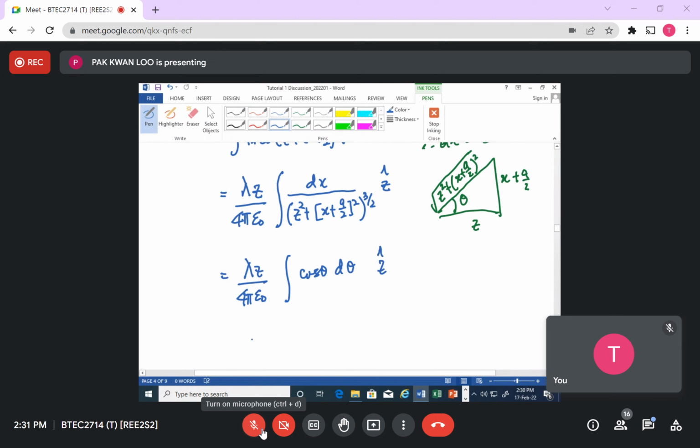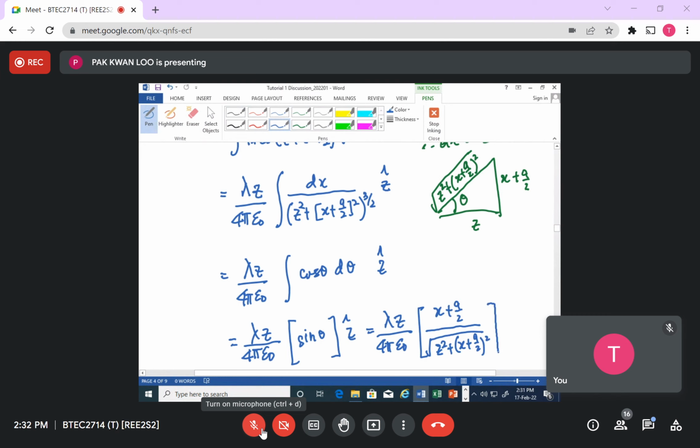So now it's lambda z over 4 pi epsilon naught, and the integration of cos theta becomes sine theta, from negative a over 2 to a over 2.